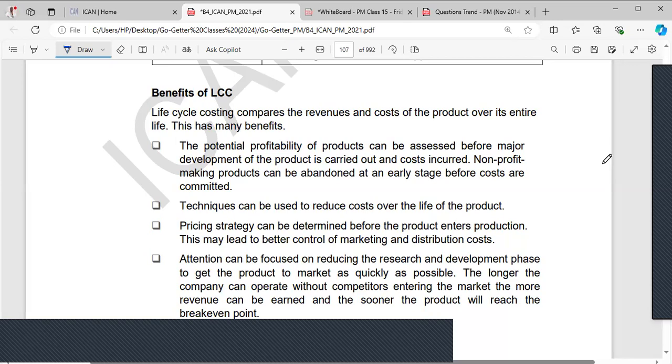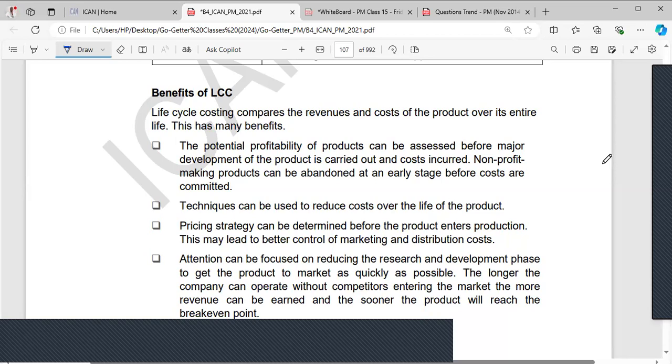So one of the topics that we'll be taking soon is pricing strategy. We're talking about pricing strategy so that it will enable you to know what to do when you are considering life cycle costing, because pricing strategy will enable you to determine which market or pricing strategy you will use at different stages of the product life cycle.